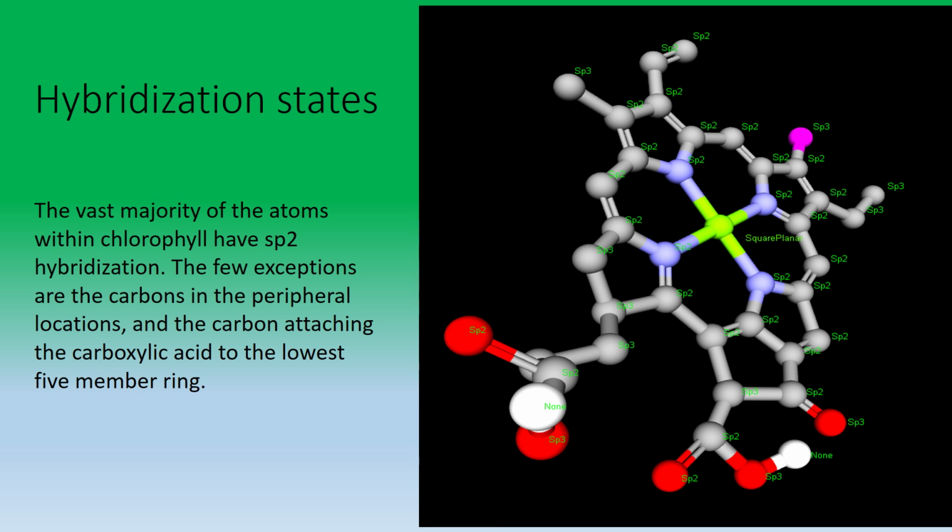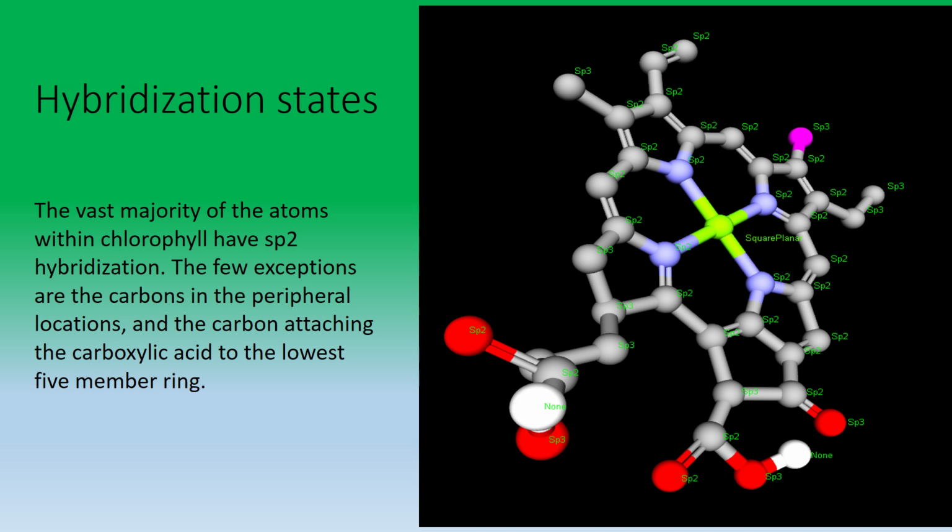There are various hybridization states expressed by each atom in the molecule. If you'll notice at the bottom left-hand side of the image, a large carbon chain has been removed just for convenience's sake.